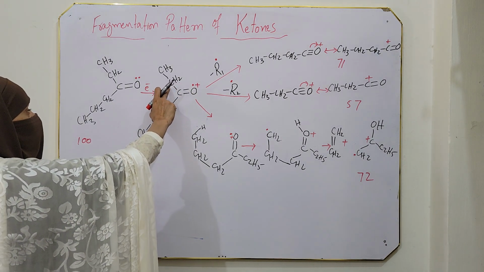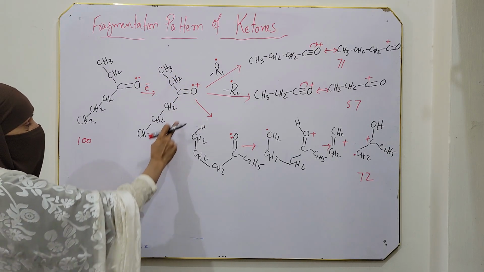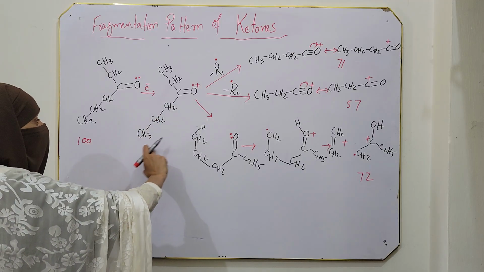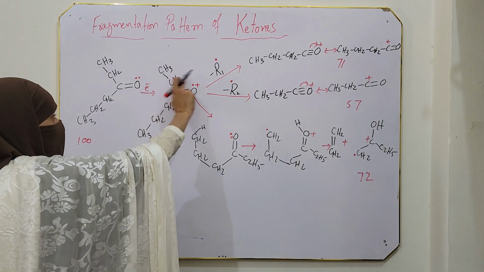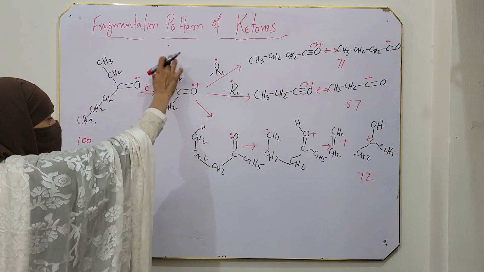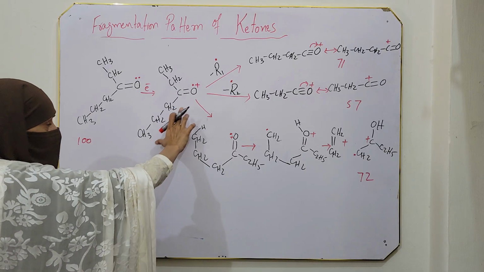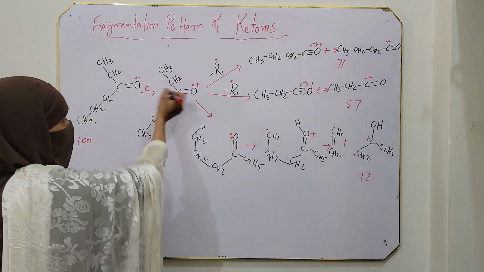Now, we will fragment one alkyl chain, and second time we will fragment the second alkyl chain. I am giving this alkyl chain the name R1 and this one R2, so that I can just represent R1 and R2 instead of the whole chain. Let's fragment R1 first.